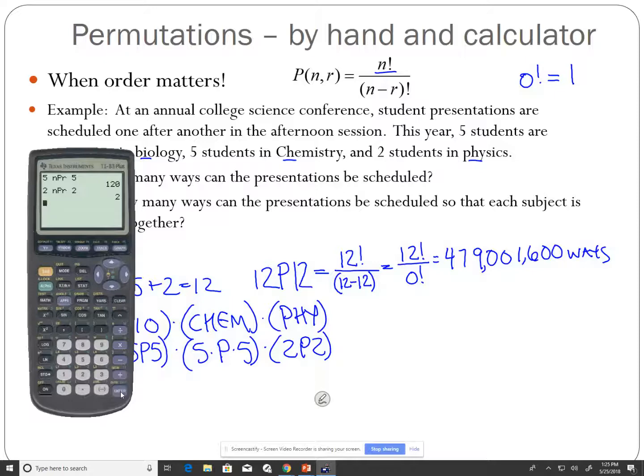So we have 120 times 120 times 2. And that yields an answer of 28,800.